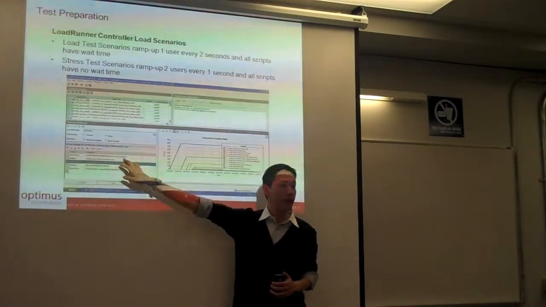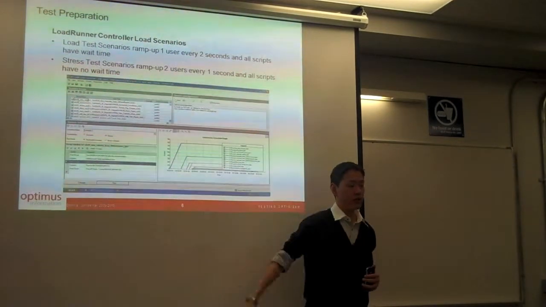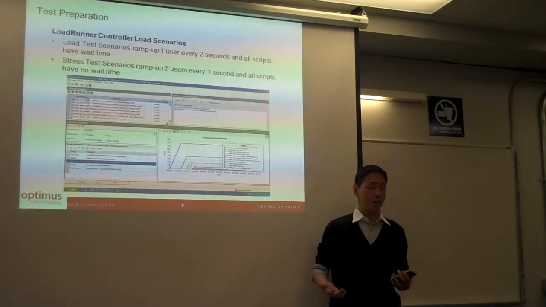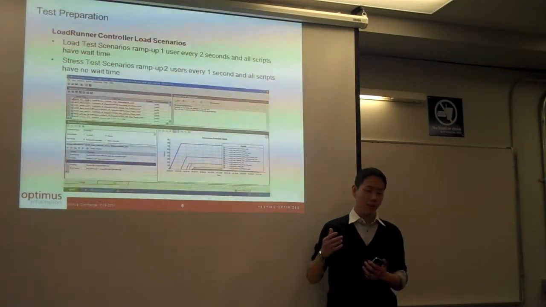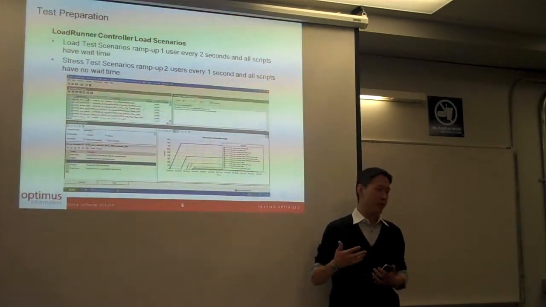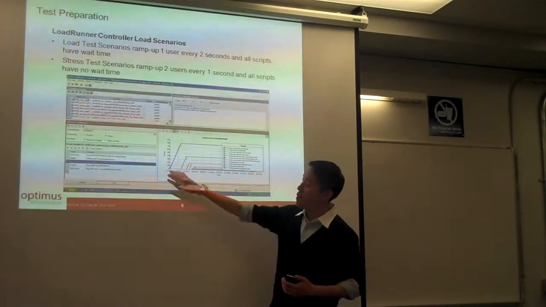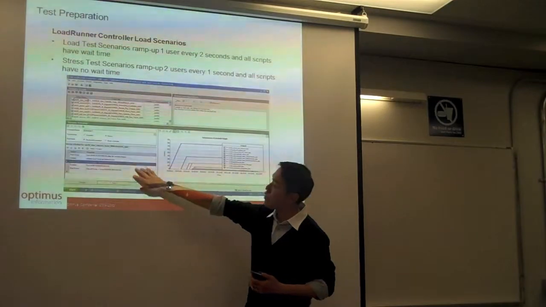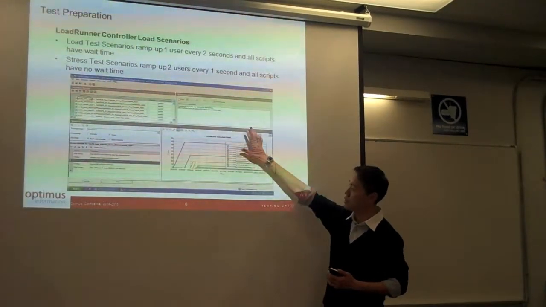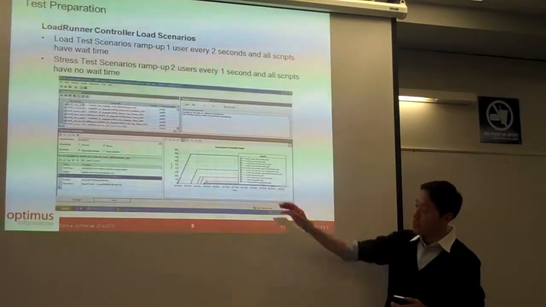Ramp-up rate meaning how fast do you want the users go into the system. As fast as possible, or 1 user every 2 seconds, or maybe 5 users every 10 seconds, things like that. Those are called ramp-up rate. We also have ramp-down, of course. So you design all of these in LoadRunner controllers, sorry.